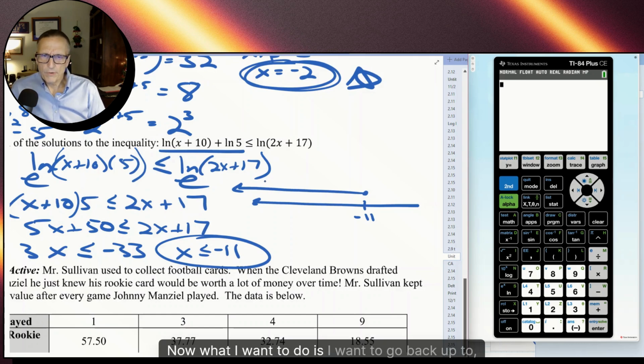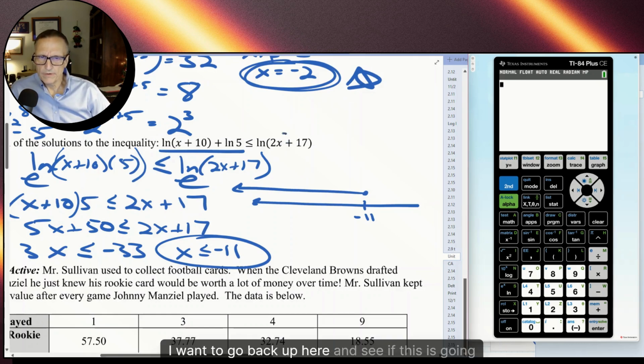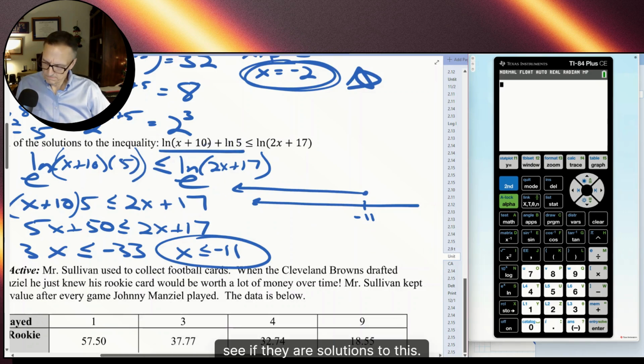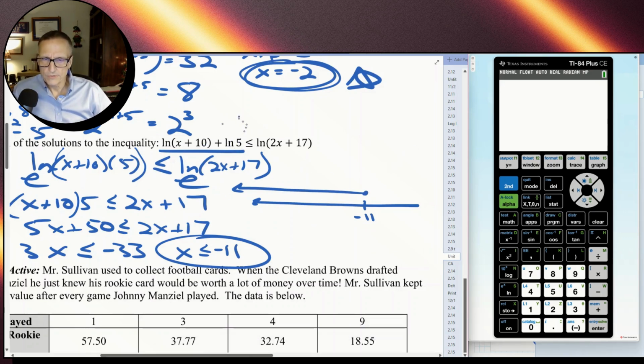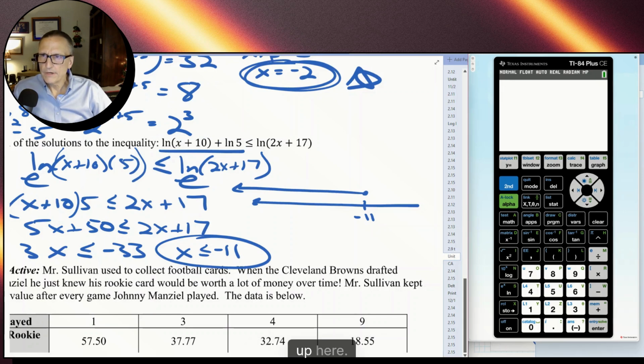Now, what I want to do is go back up here and see if these numbers that are less than -11 are solutions to this. And what happens here, students, is that while my algebra told me that all the values less than or equal to -11 are solutions, I have a restriction up here.